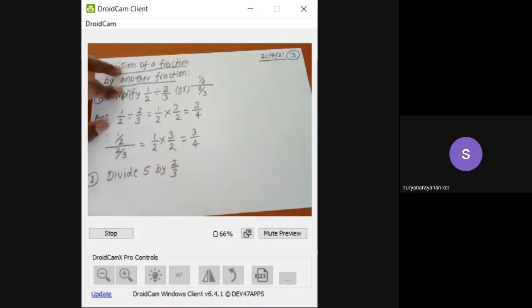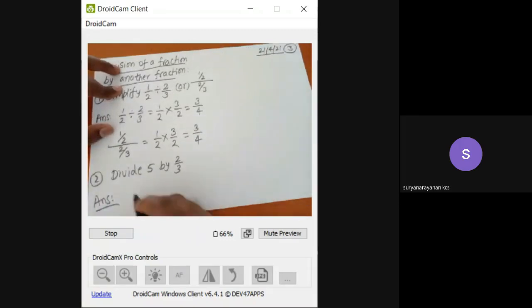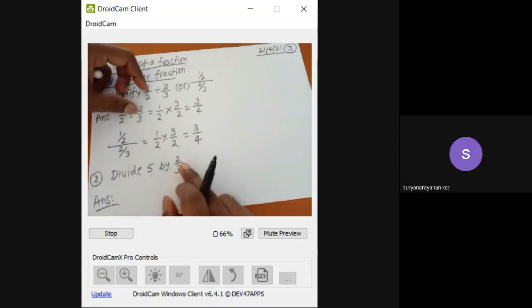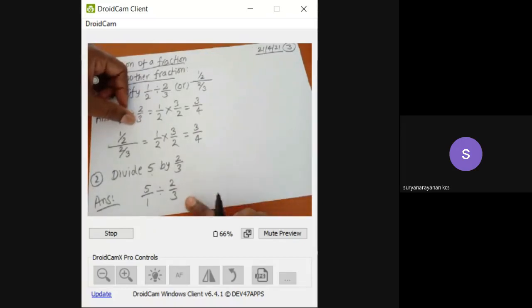Divide 5 by 2 by 3. How do you write this sentence? We have to divide 5 by 2 by 3, so 5 by 1 divided by 2 by 3.